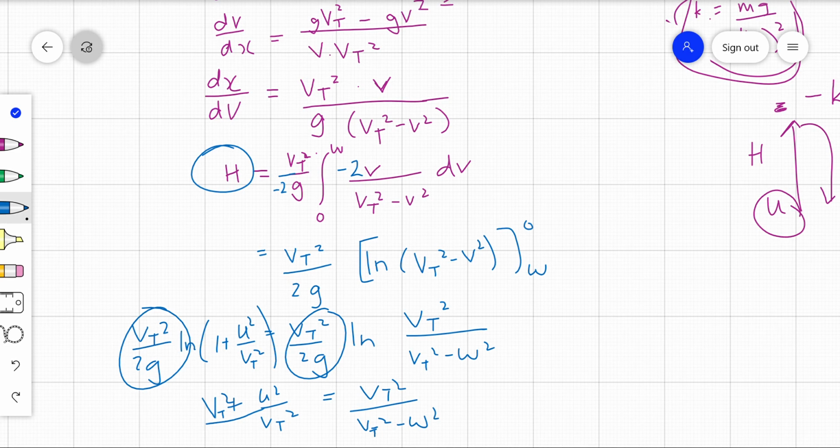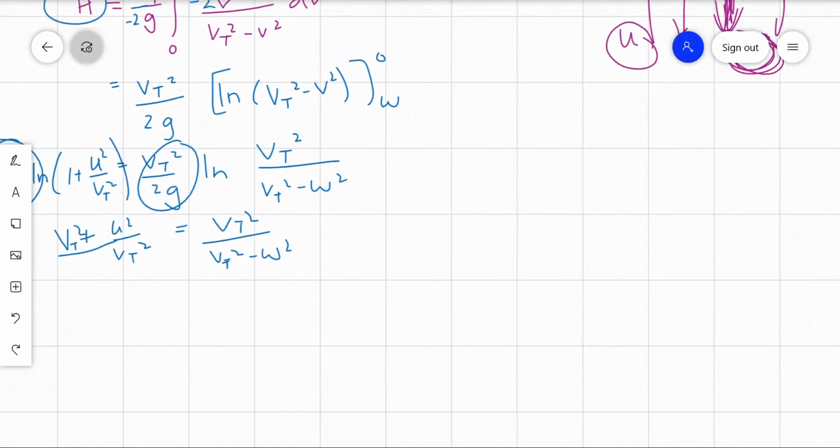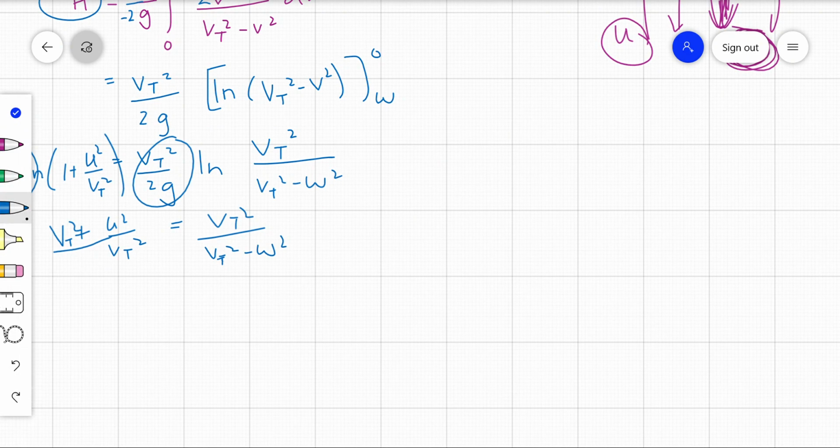So if I cross multiply, I'm going to get vt squared plus u squared times vt squared minus w squared equals vt to the power of 4.